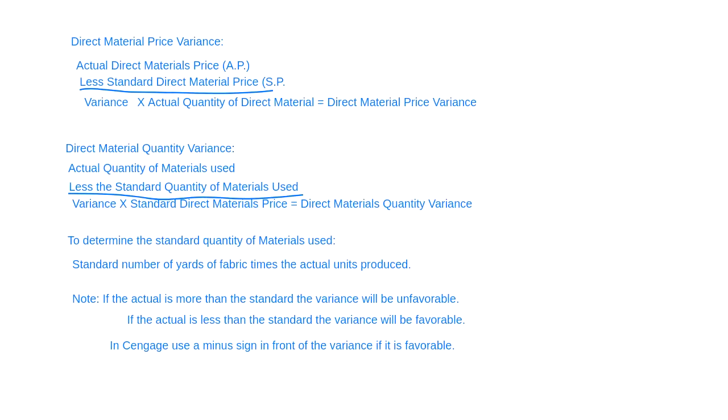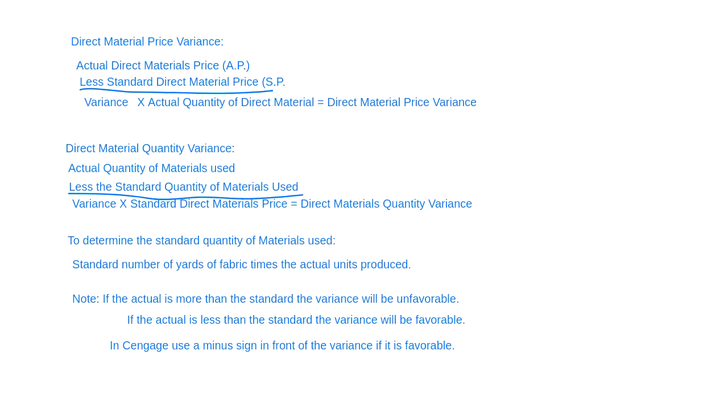All right, so what we're going to be doing in the first part of this next part of the problem is looking at the direct materials price variance. What you're going to look for is the actual materials price, which will probably be given to you. You're going to subtract out your standard direct materials price, which may be given to you, and the difference is going to be a variance.